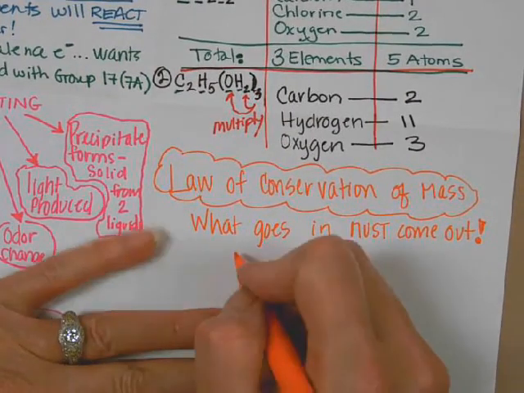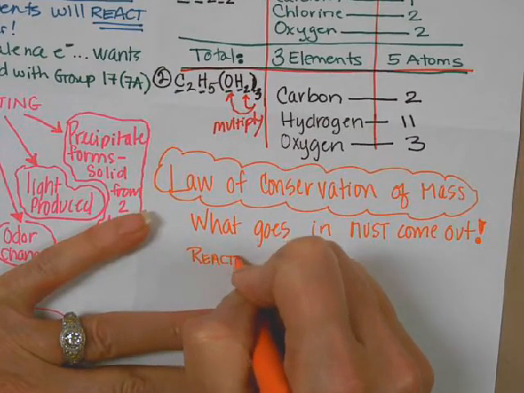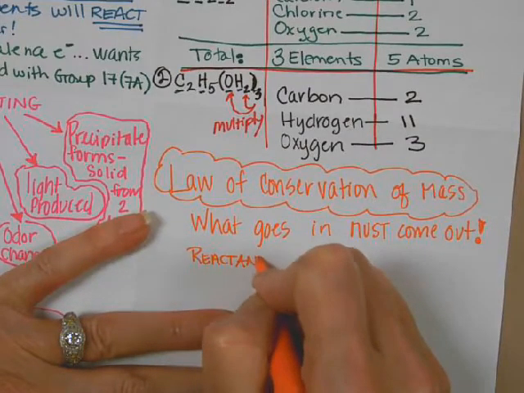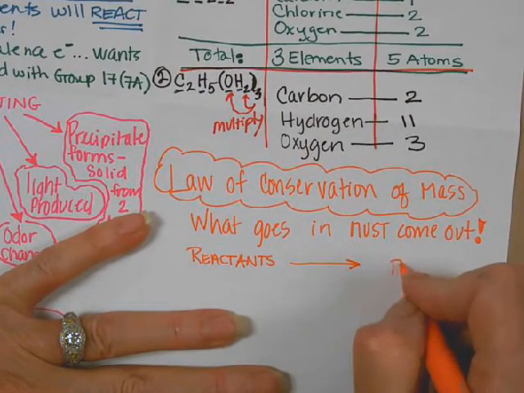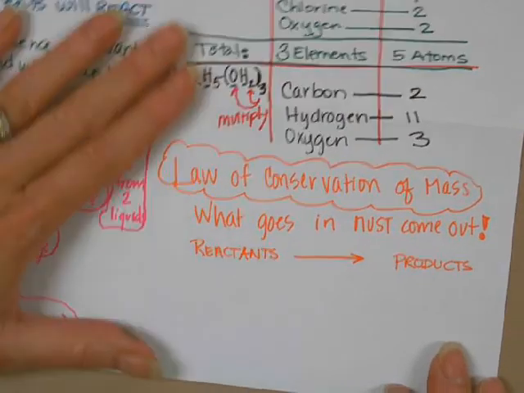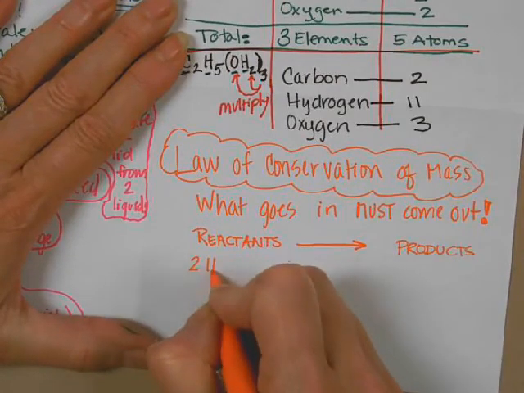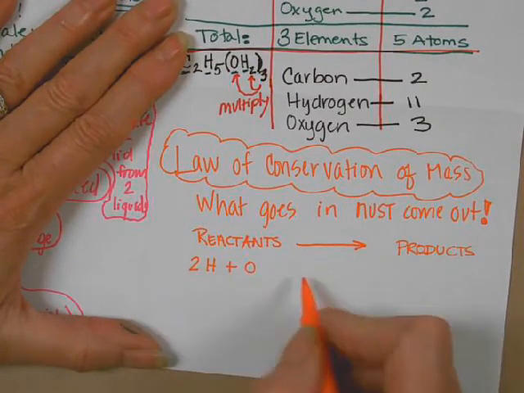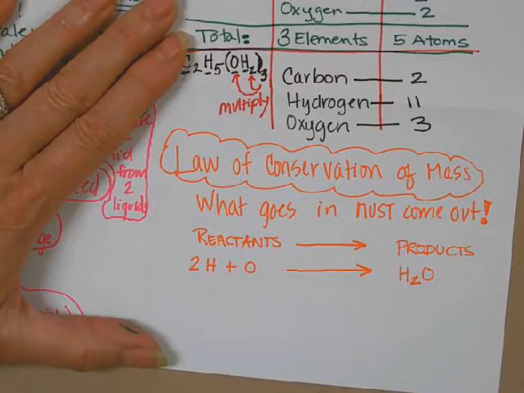And remember, another way was, we said the reactants, those are the things that we mix together. The reactants, or the ones that reacted. Arrow products, you can remember this by RAP. Remember that? So let's say if you have 2 hydrogen plus oxygen, and it's going to make a product, and we call this product H2O. So what goes out? We had 2 hydrogen here, we've got them here.